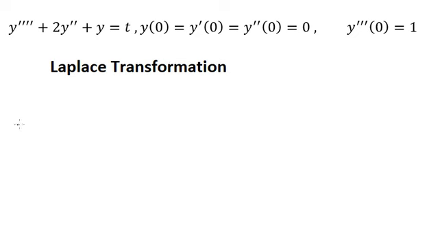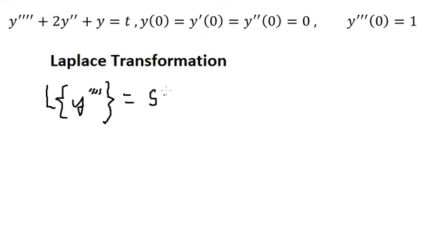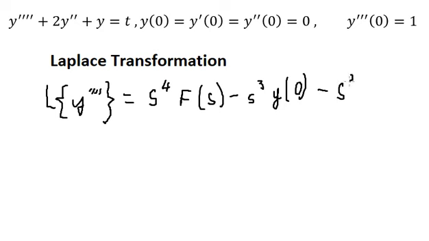So we know that the Laplace of the fourth derivative of y should be s to the power of 4, because we have 4 derivatives in here, capital F of s, minus s to the power of 3 times y of 0, then s squared times the first derivative of y at t equals 0.